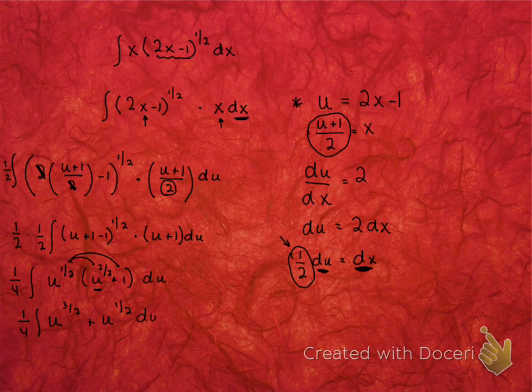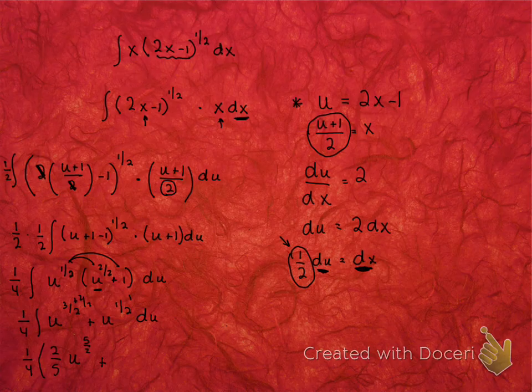Now we can use our basic power rule. Okay? So the antiderivative of u to the 3/2 when we add 2/2 is going to be 2/5 u to the 5/2.